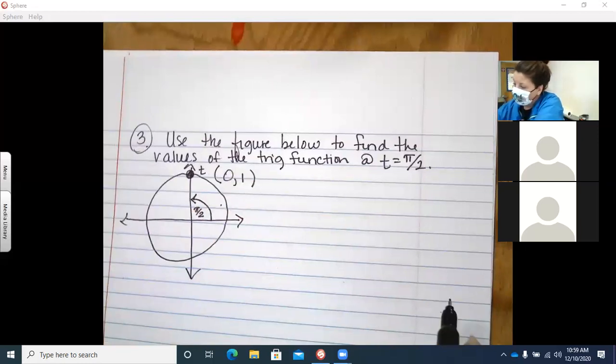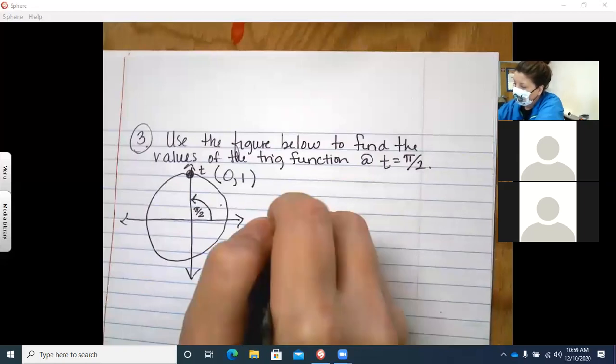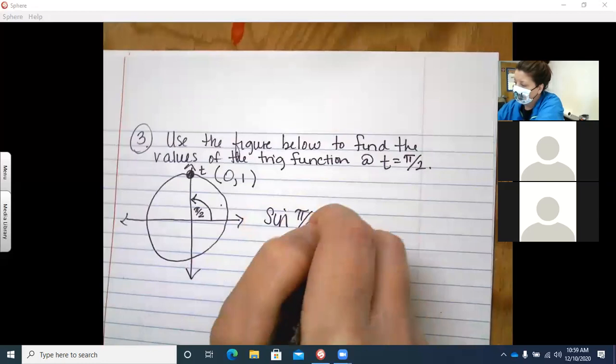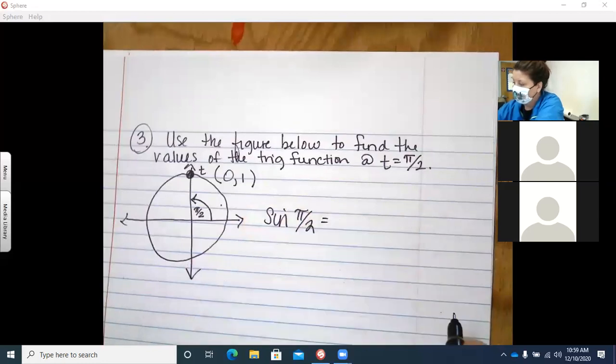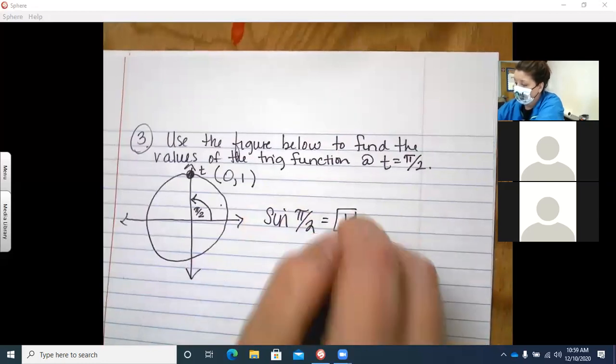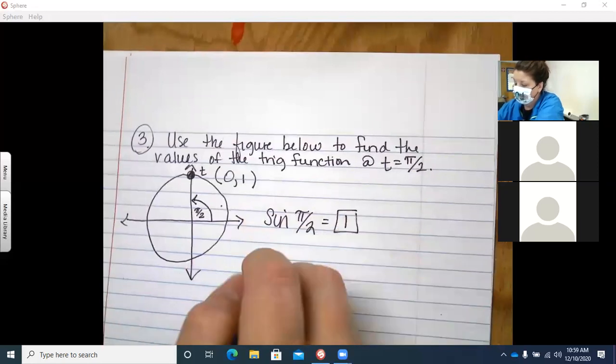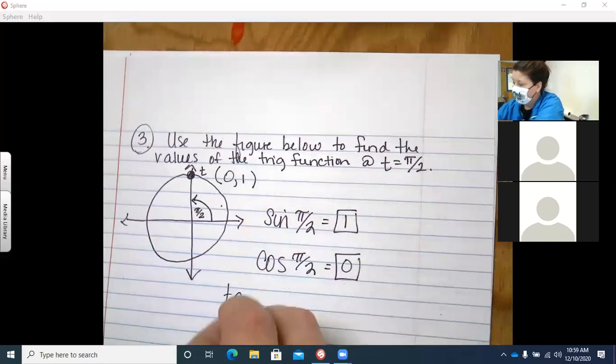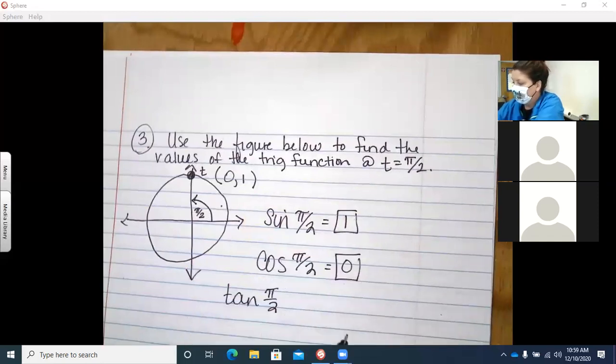So let's find the sine of pi halves. What is it? 1. Easy. What is the cosine of pi halves? 0. Tangent of pi halves. Remember, tangent is y value divided by your x value. So what's your y value? 1 divided by, and 1 divided by 0 is, well, what?